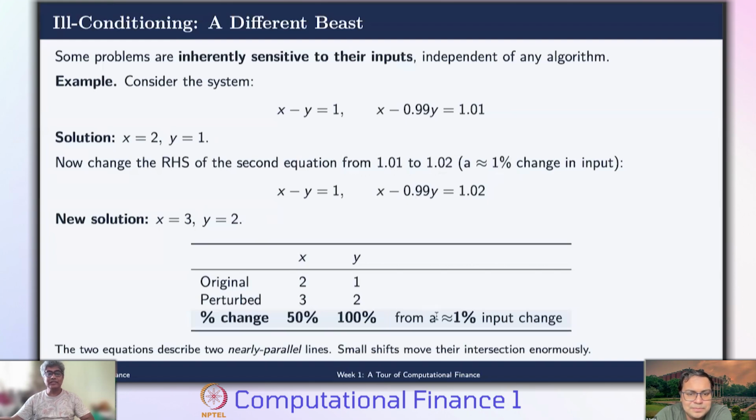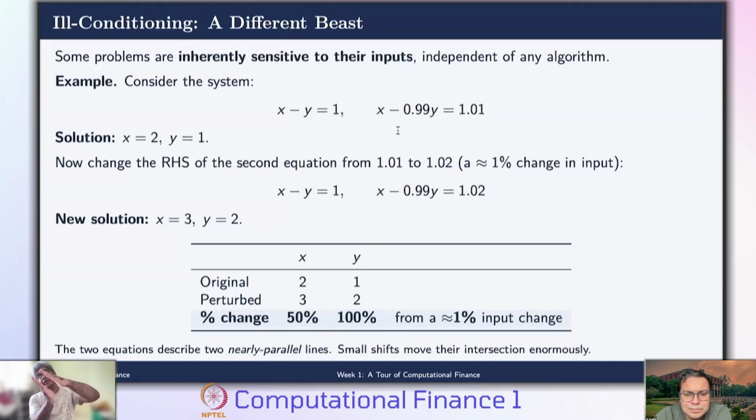So a 1% change in your input, a little bit of change, makes your x value change from 2 to 3, which is a 50% change, and your y value change from 1 to 2, which is a 100% change. Why is this happening? If you draw these two equations, they're almost parallel.